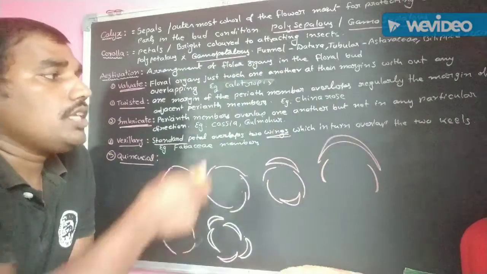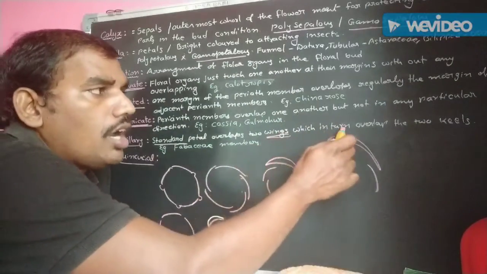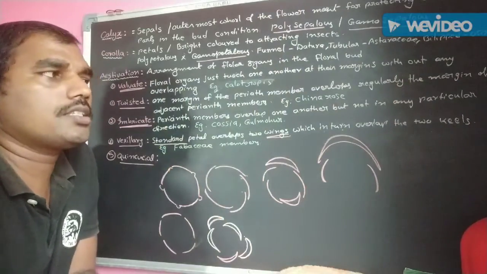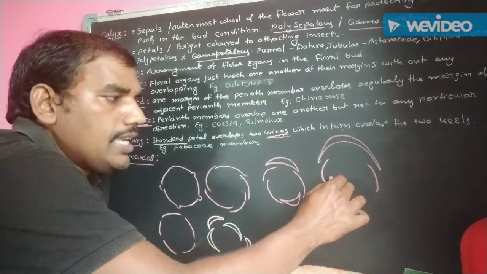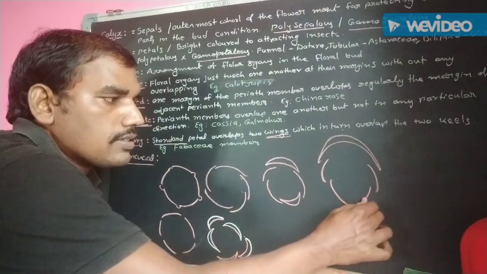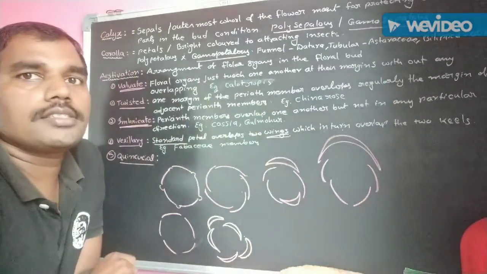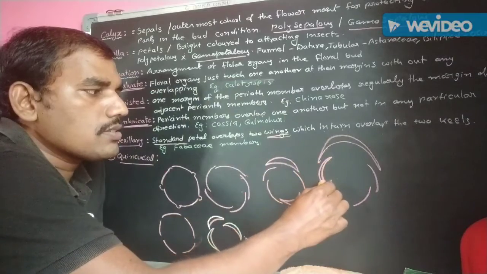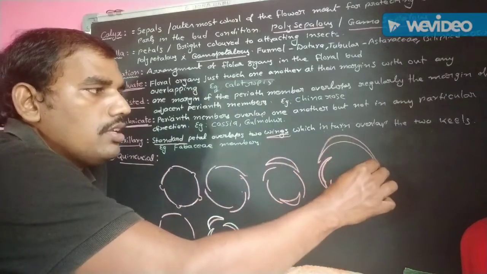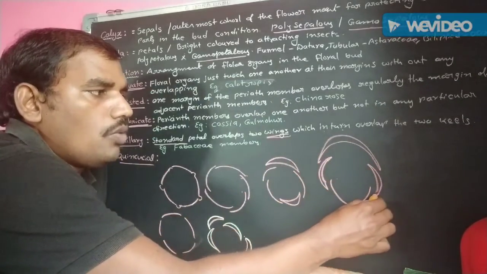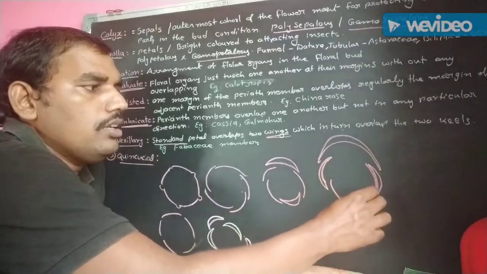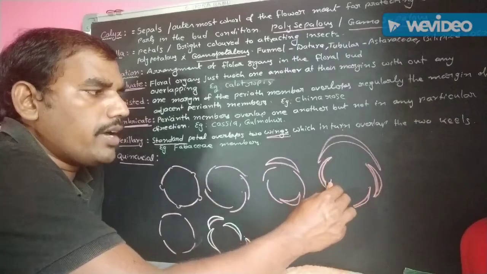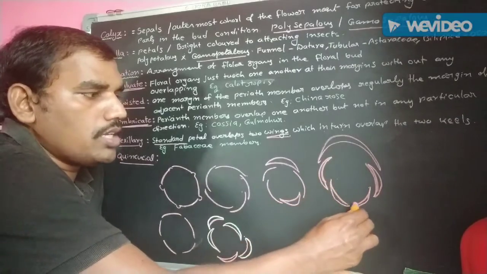Okay. These wing petals in turn overlap two smallest petals. These are called keels. Okay. The largest petal is known as standard petal. The standard petal overlaps two wing petals, which wing petals again overlap the smallest petals.